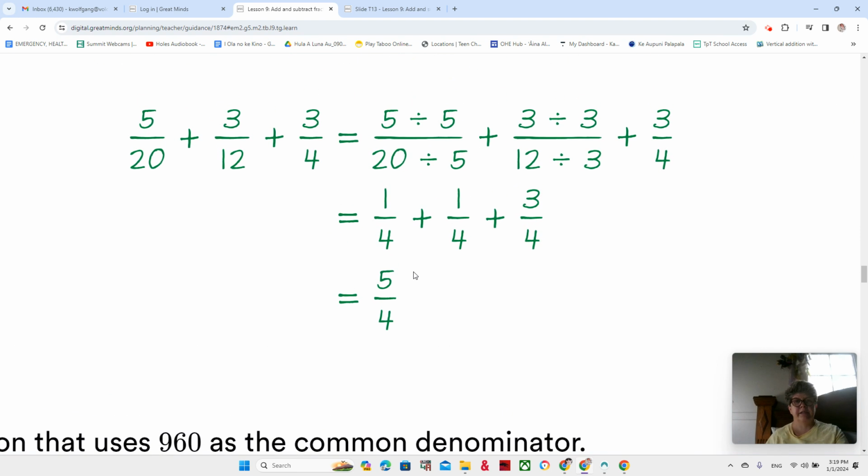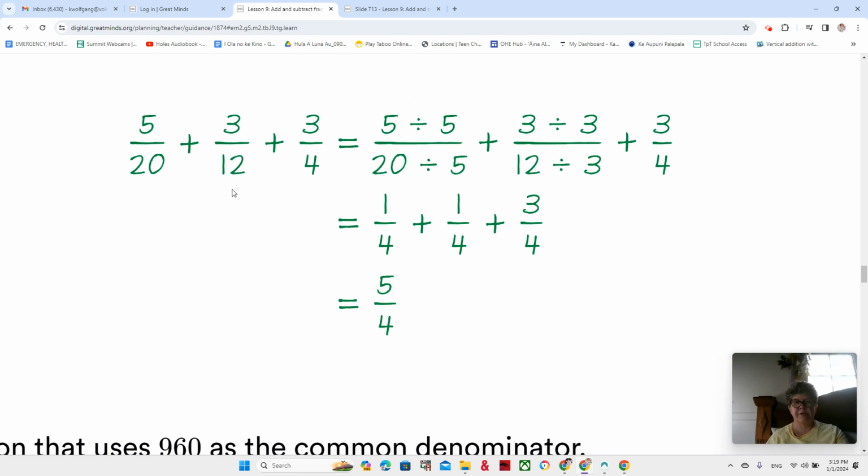Okay, here is fictional student Kayla. She divided 20 by 5 to get fourths, divided 12 by 3 to get fourths, and kept the fourths the same.